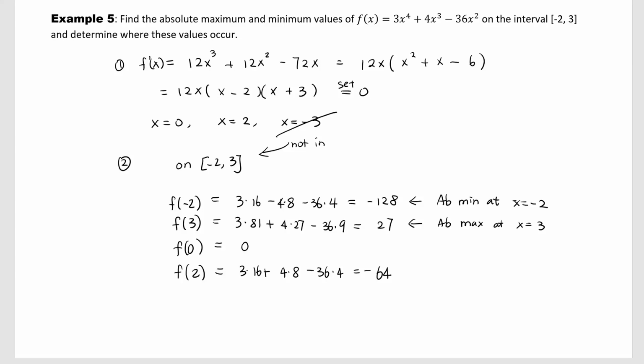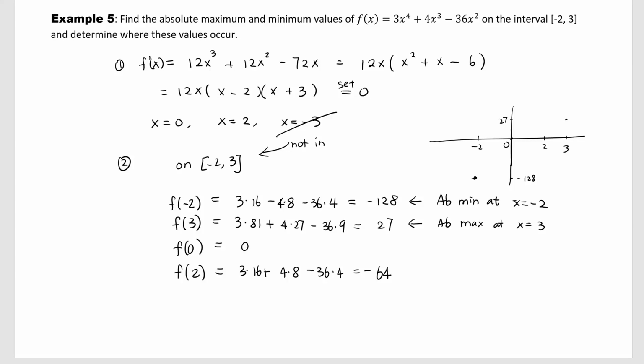If you want to know what that means, you can draw a picture. Here -2 is here, 3 is here, 2 is here, 0 is there. It passes through -2 at -128, which is very negative. And at 3 it is 27.